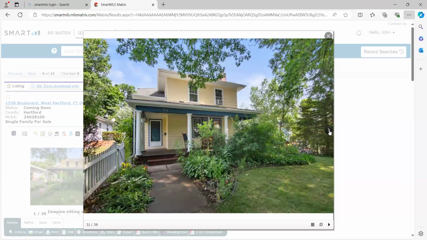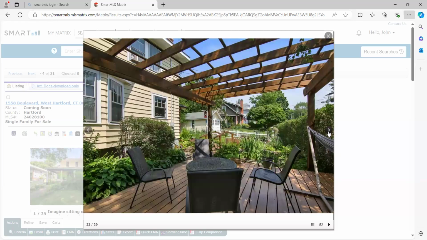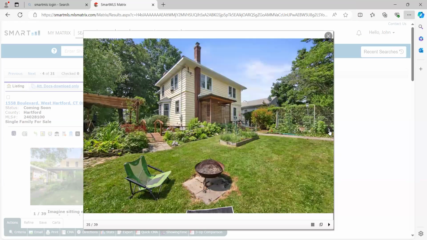They don't have a picture for the back. Okay, there is a bridge.